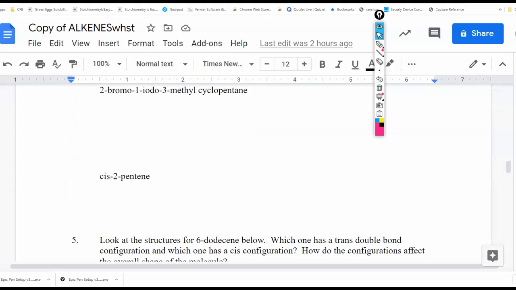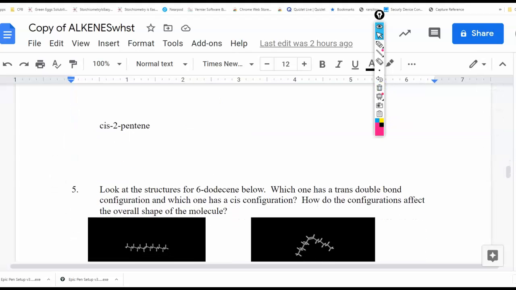Okay, moving on. Then I have a cis-2-pentene, and I want to make sure that I do this right. That means I'm going to have 5 carbons, 1, 2, 3, 4, 5, and there is the double bond between the second and the third, and I'm going to need to make sure that I show my 2 parts of the pentene on the same side of the double bond.